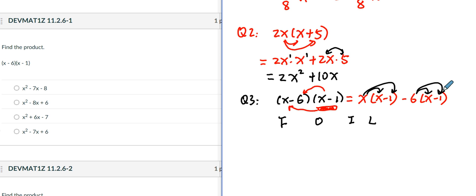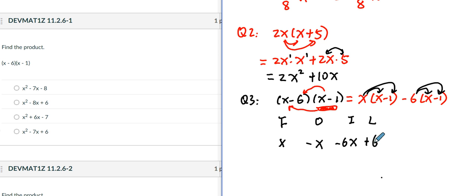So we will do x times x, x times negative 1, which is negative x, and negative 6 times x, which is negative 6x, and negative 6 times negative 1, that's positive 6.